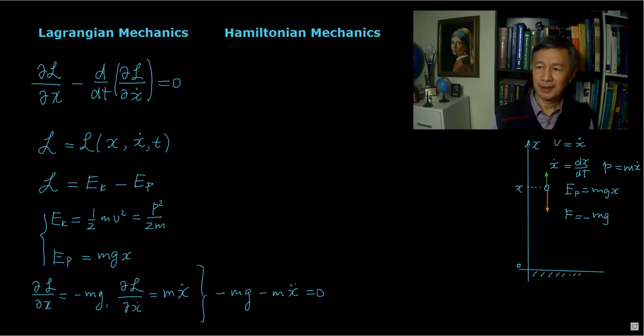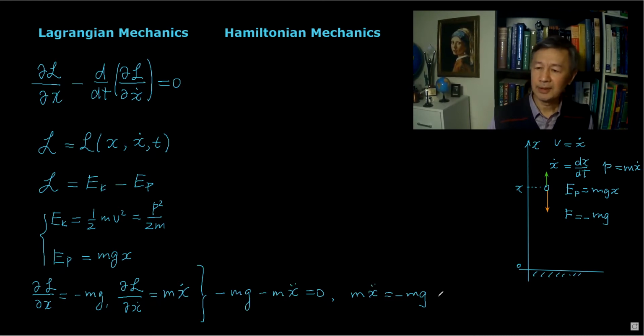Can you see what that is? What's this equation? If you just rearrange that one, we will get something like this. We got this very familiar form from high school physics: m times acceleration equals the force.